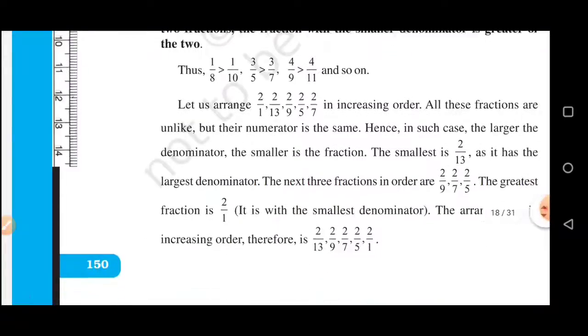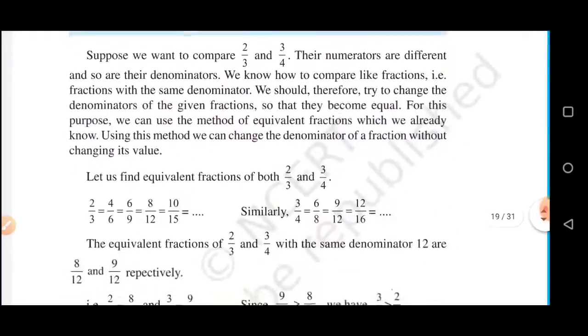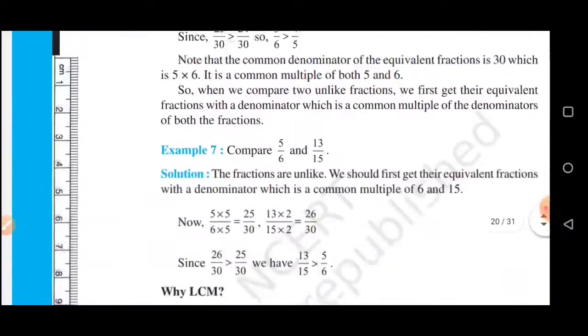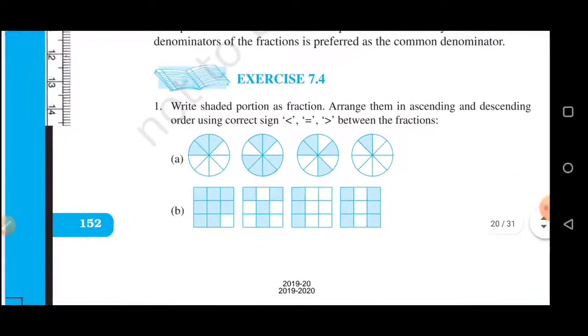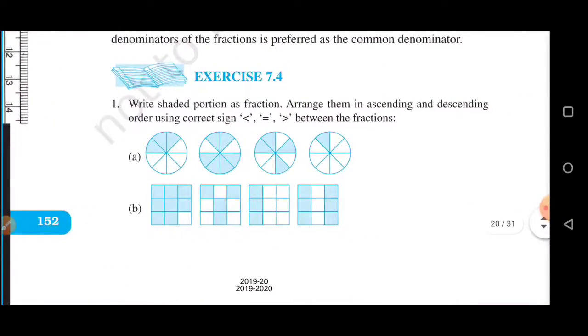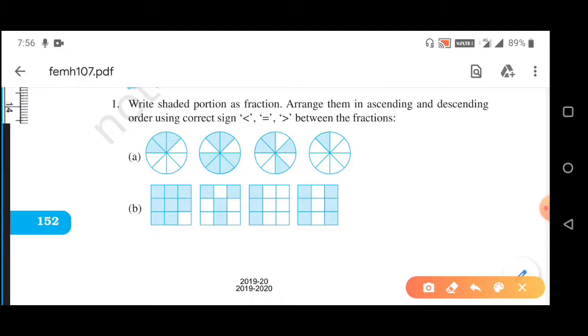So let us start the exercise. Exercise 7.4, question number 1: write the shaded portion as a fraction, arrange them in ascending and descending order, using the correct sign in between the fractions.